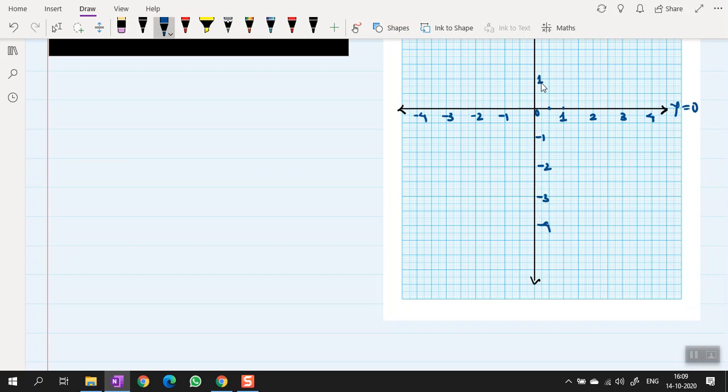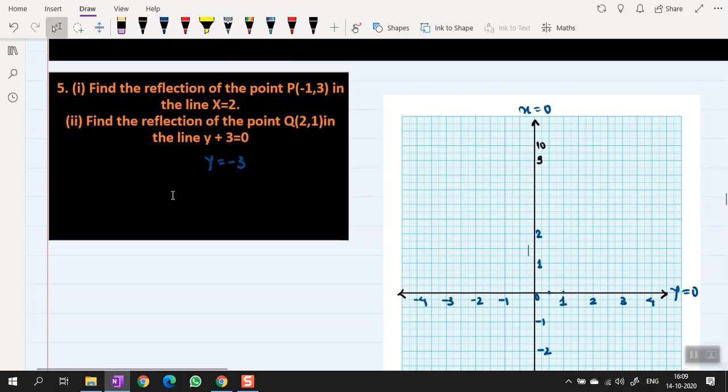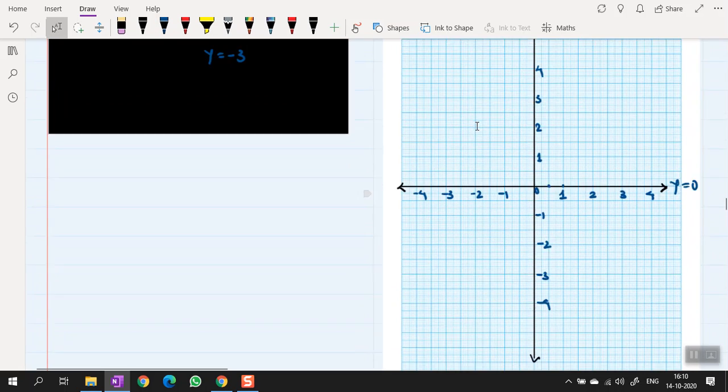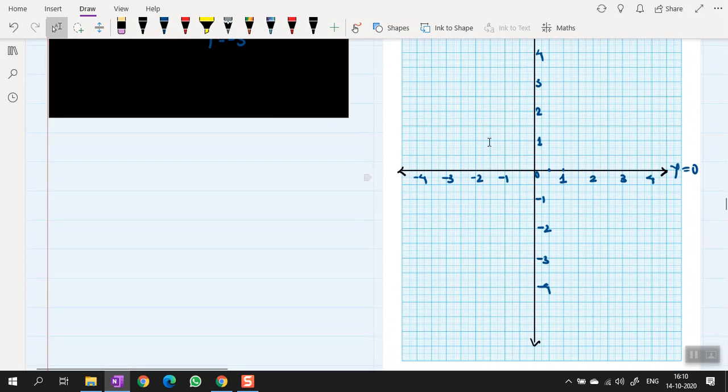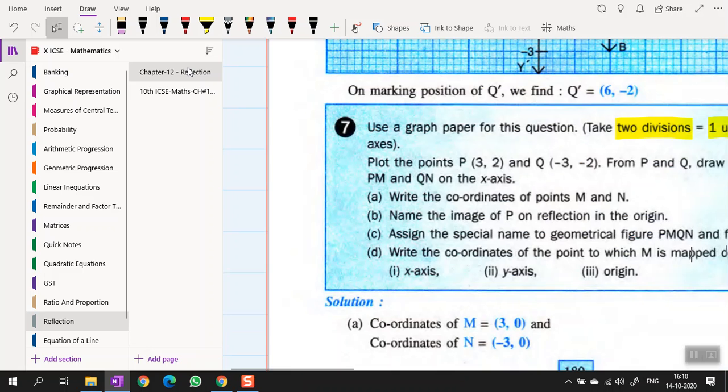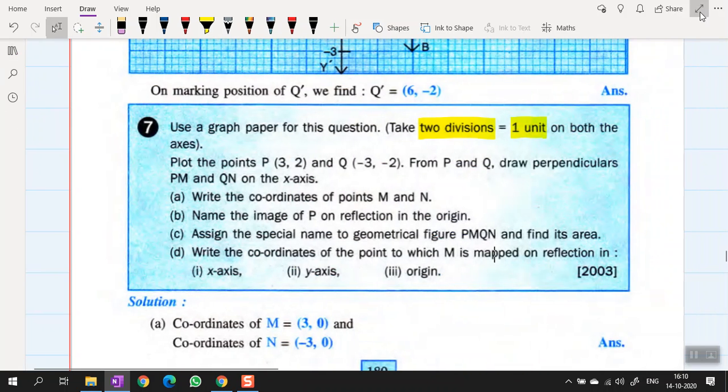Here 1, 2, 3 and 4. Please forget about these two. Okay, so this should be your scale. This is the scale they want you to take. All right, so let's read the question and try to understand what they want.